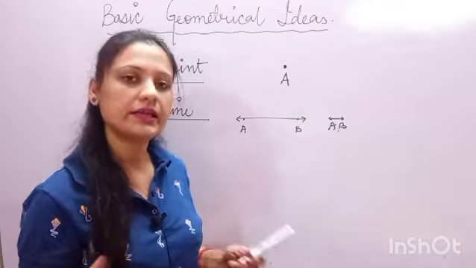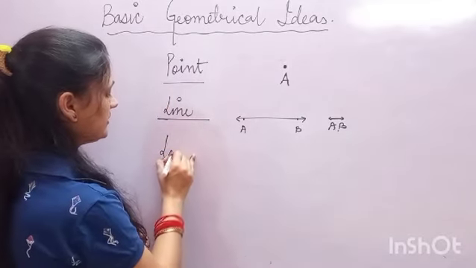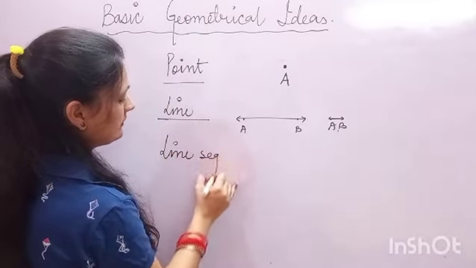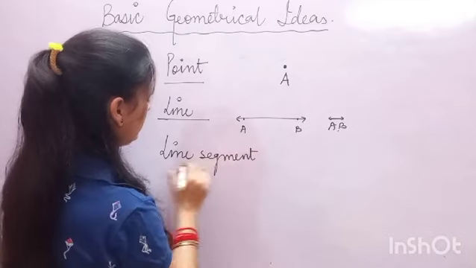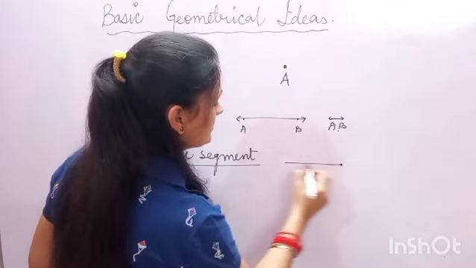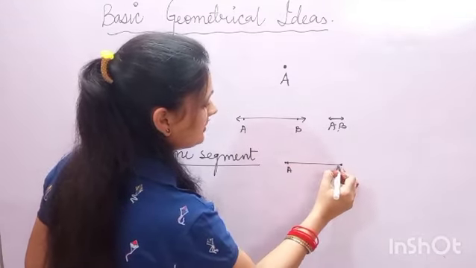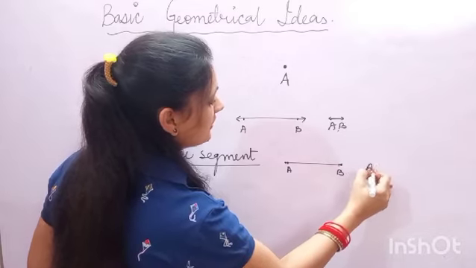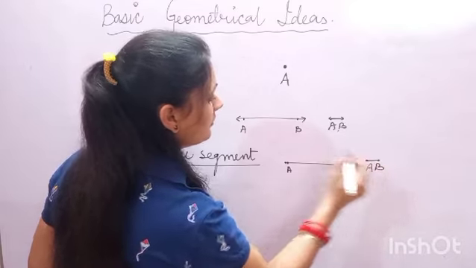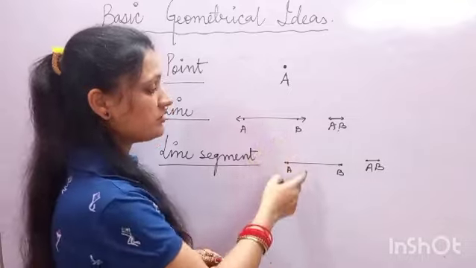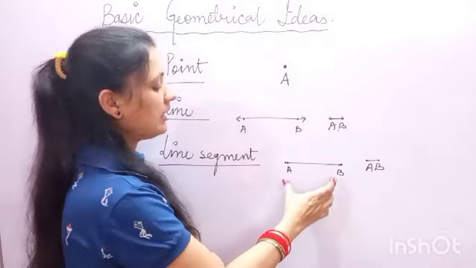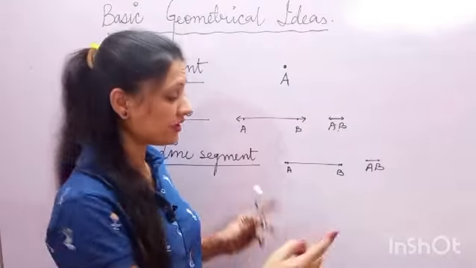That is a line. Now what's a line segment? Line segment, we represent it like this. Let us name it AB. A line segment has two endpoints.